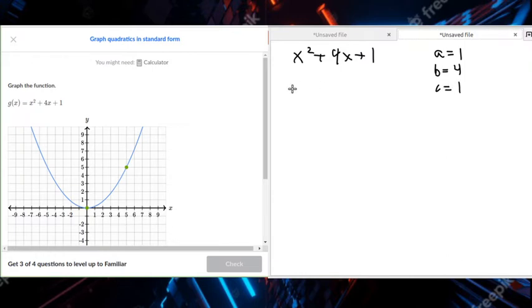My solutions are going to look like x is equal to negative b, negative 4, plus or minus the square root of b squared, which is 16, minus 4 times a times c, all over 2 times a, or 2.